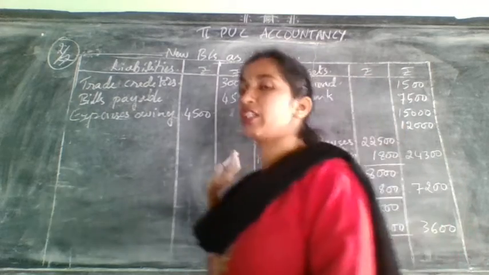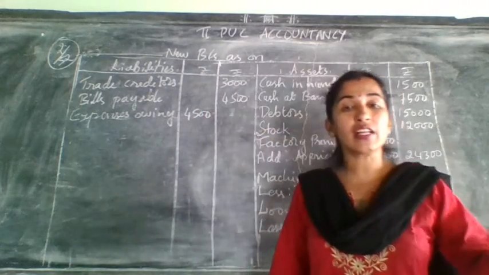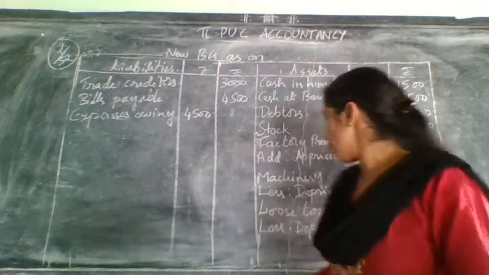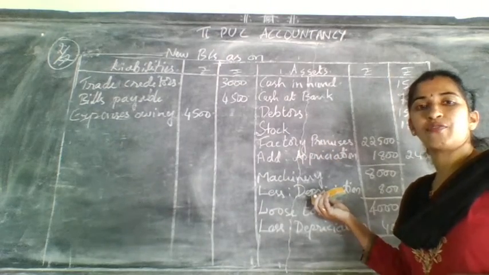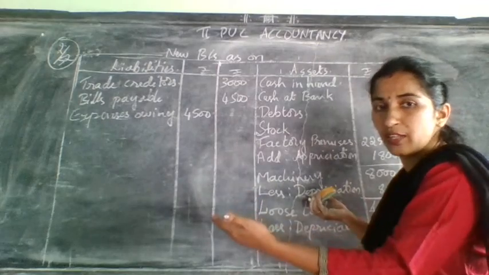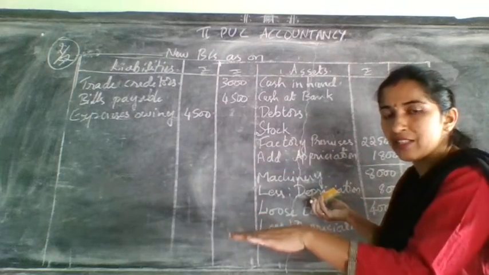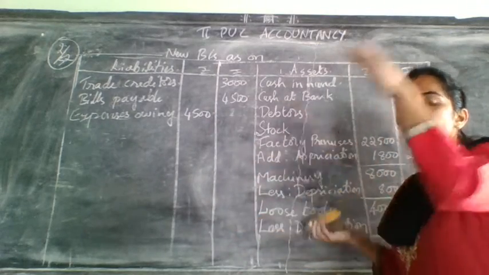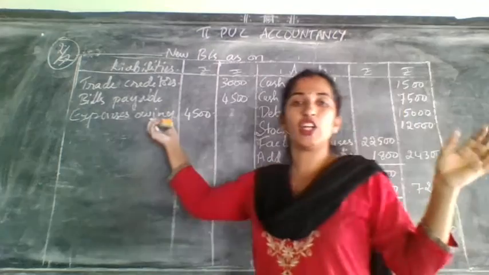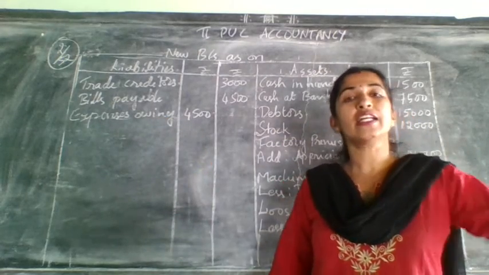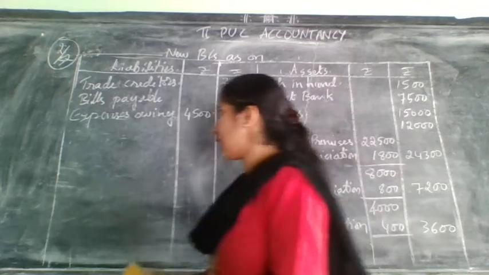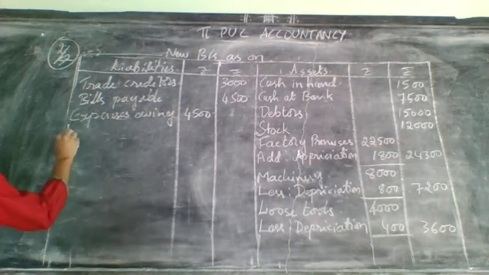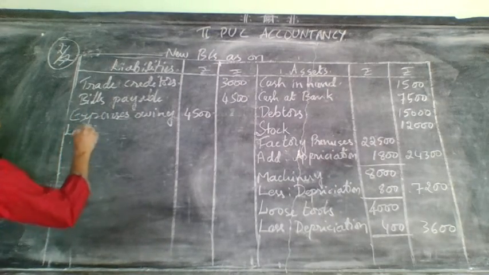When it was given on the credit side, that means decrease in the value of liability. When on the asset side you have taken debit side of revaluation, it means decrease in the value of asset. When you take a liability on the credit side of revaluation, it means decrease in the value of liability.